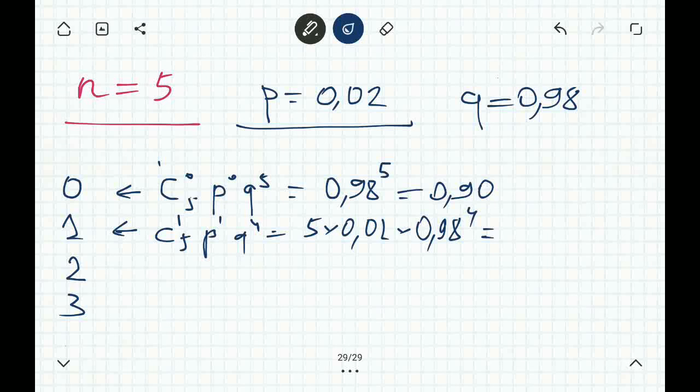So this here is 0.9. Again, approximately, of course, I'm rounding up.